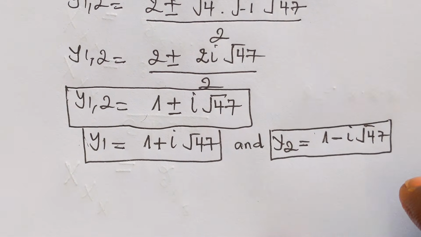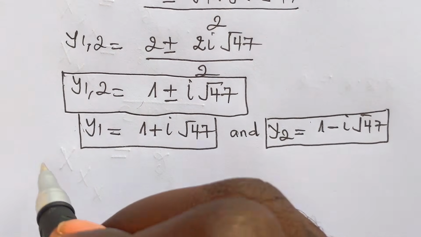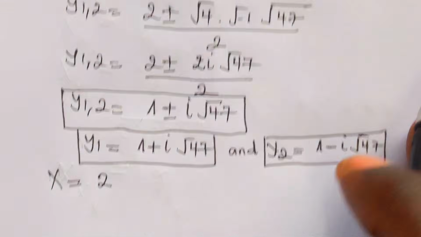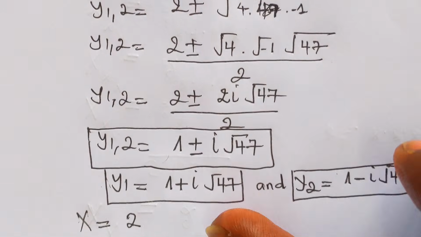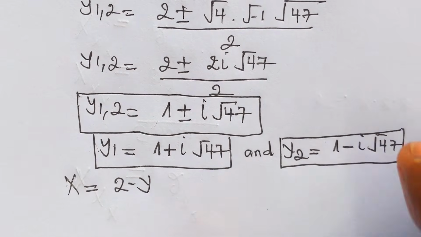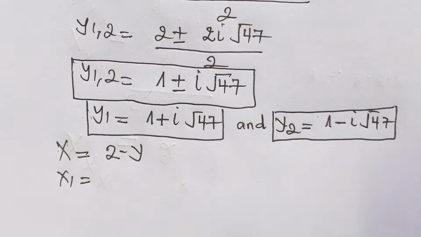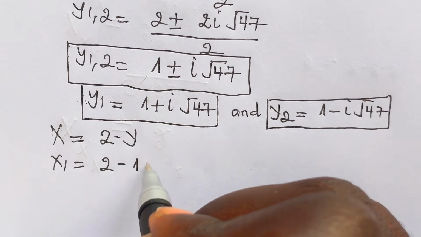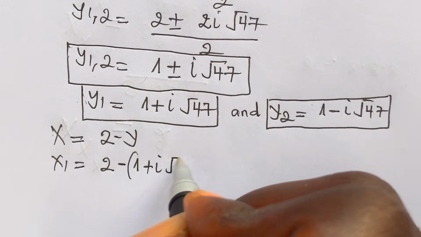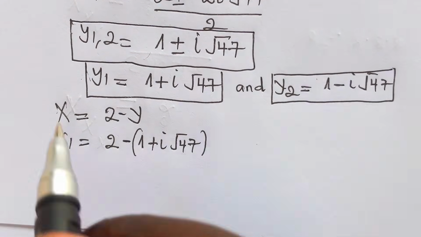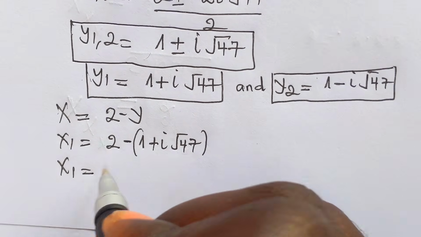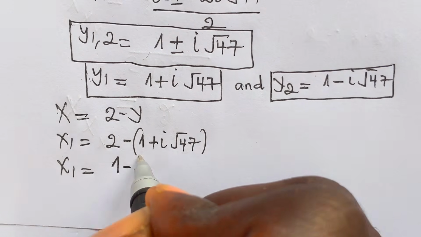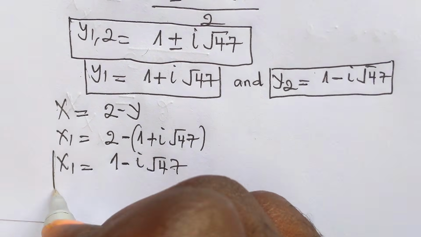And now we have to find the value of x, whereas here x is equal to 2 minus y. And of course x1 will be 2 minus 1 plus i square root of 47, so x1 will be 2 minus 1 is equal to 1, negative times i, which is minus i square root of 47.